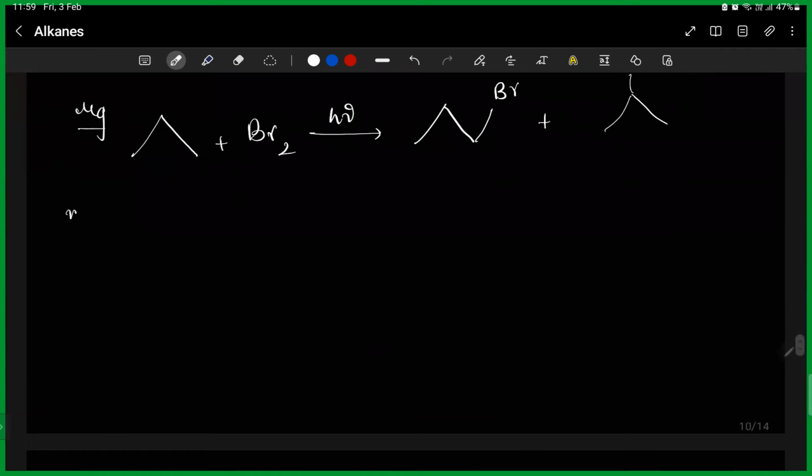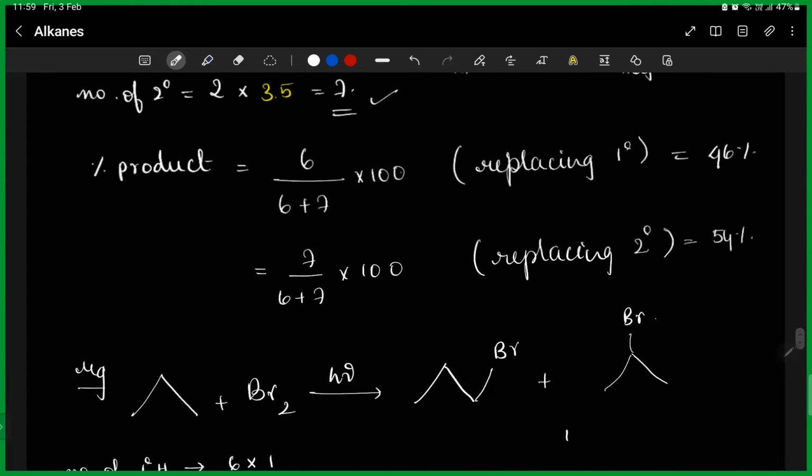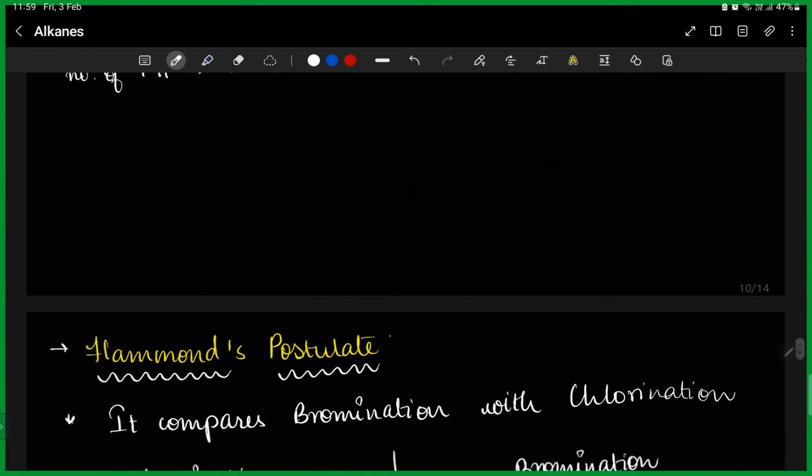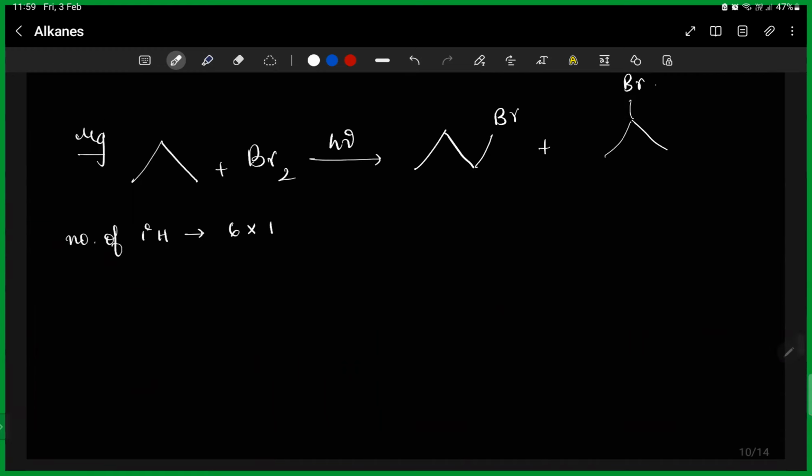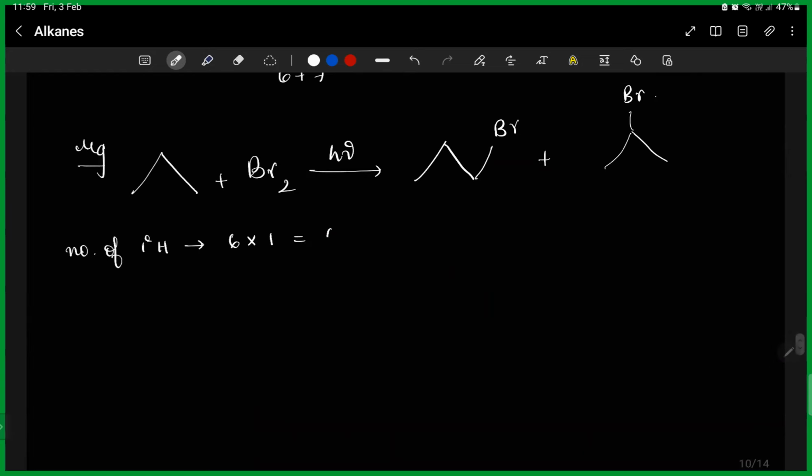So number of primary hydrogens that can be replaceable are, we have 6 primary hydrogens, right? And the reactivity of primary hydrogen is 1. What is the bromination table? 1, 82 and 1600, right? Yeah. 82 and 1600. No. The reactivity of primary hydrogen is 6.